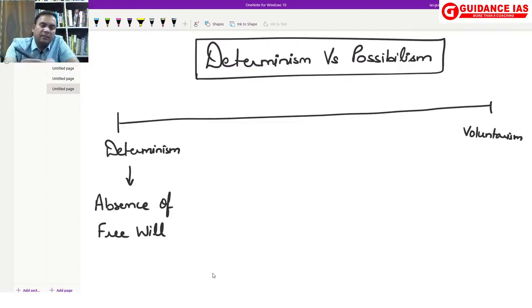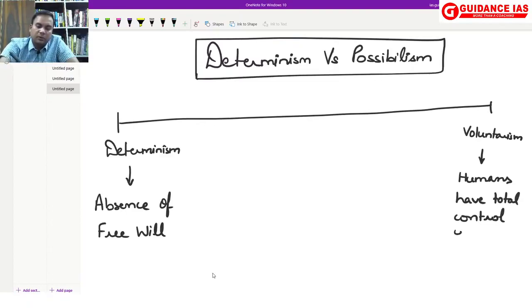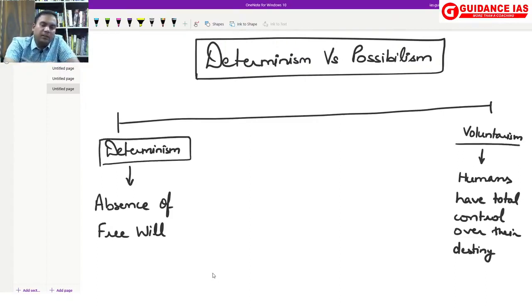On the other hand, voluntarism is where humans have total control over life, total control over their destiny. ठीक है? Total control over their destiny. So that is what we mean by determinism and what we mean by voluntarism.